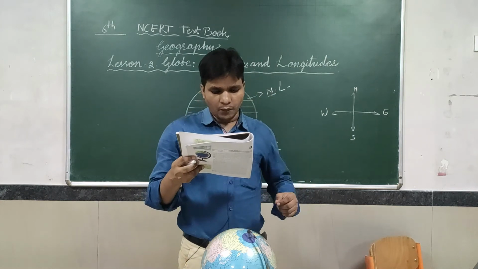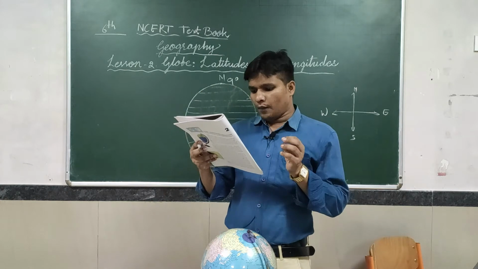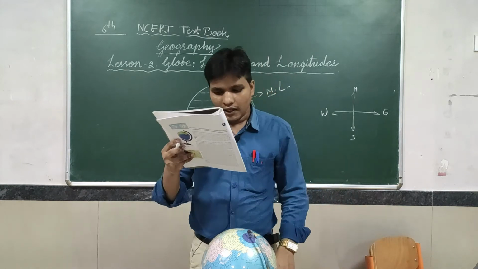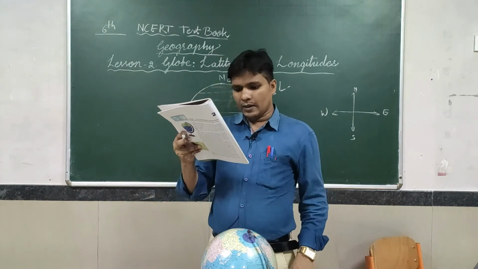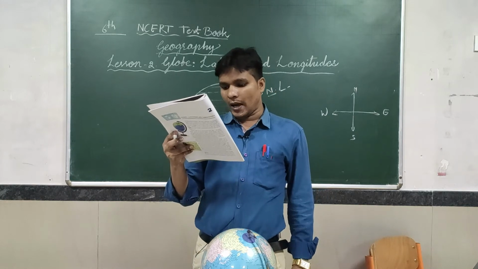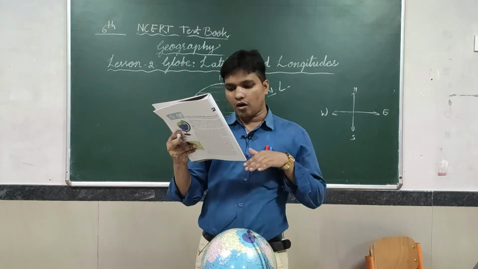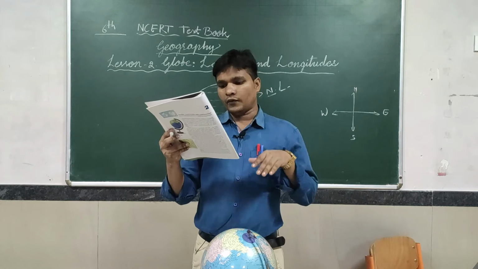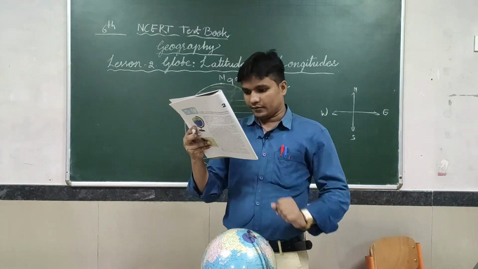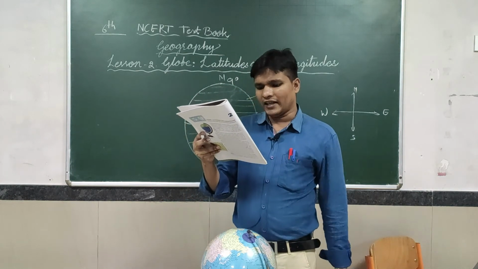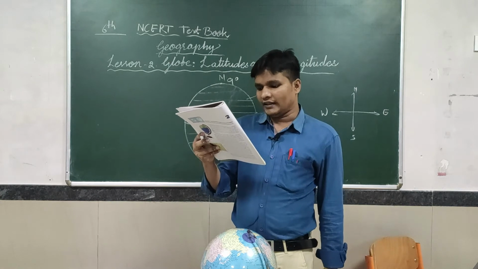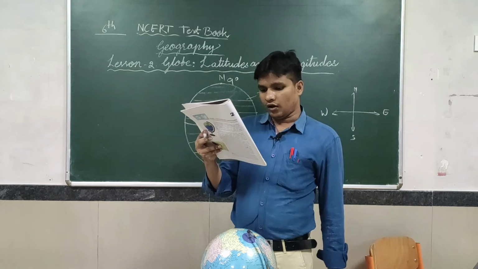For example, both Chandrapur in Maharashtra, India, and Belo Horizonte in Brazil, South America, are located on the parallel of 20 degree latitude. But the former is 20 degree north of the equator and the latter is 20 degree south of it.